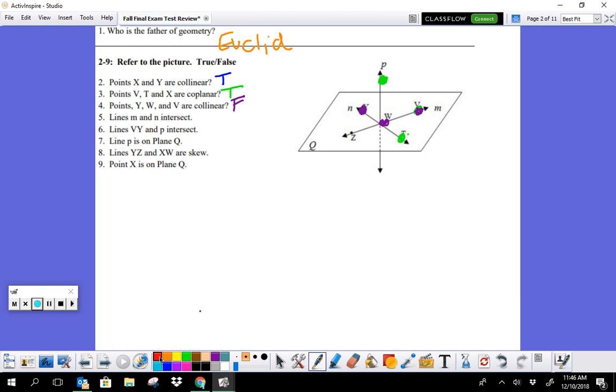Number 5, lines M and N intersect. So you can see here's line M and line N, and they do intersect, so that's true. Number 6, lines VY and P intersect. So line VY, okay, now here you do not see, I'm going to clear this.